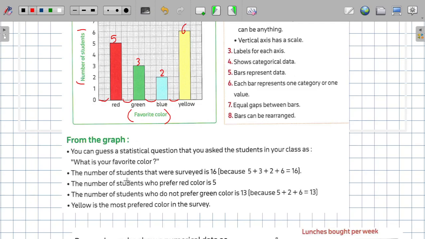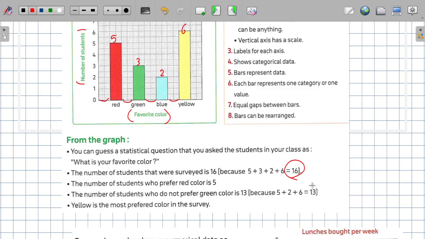Number 2, I asked about the number of students that were surveyed. So I will collect every number from the bars like this and add them together to get the total number of students. So I can say that I have 5, 3, 2, and 6, and I would add them together to get 16.